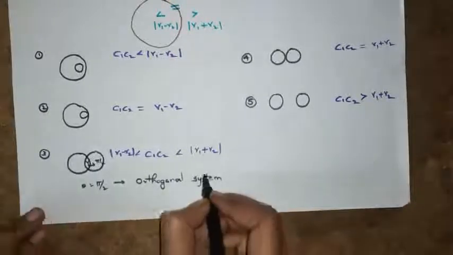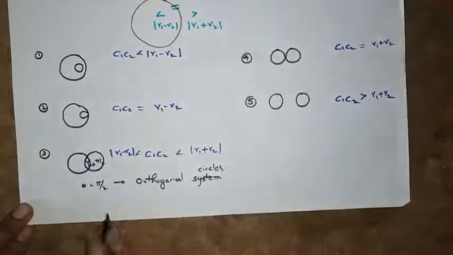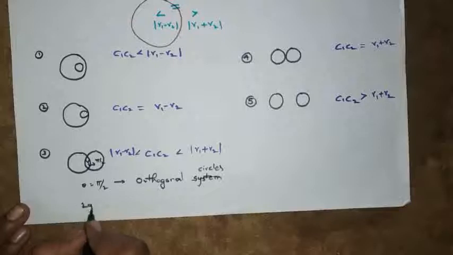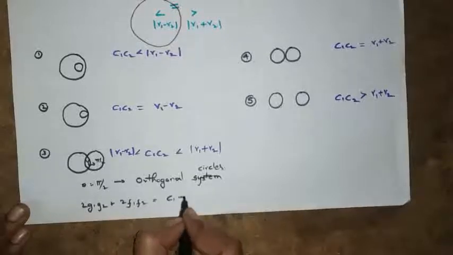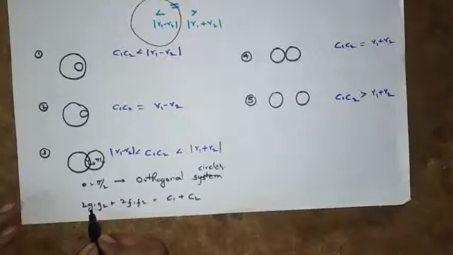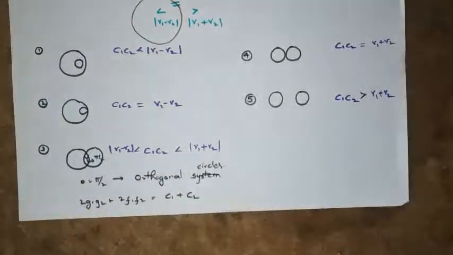The condition for orthogonal circles is just 2G1G2 plus 2F1F2 is equal to C1 plus C2. G is the X coordinate and F is the Y coordinate, it means the center point, and C is the constant of the first circle and the constant of the second circle.